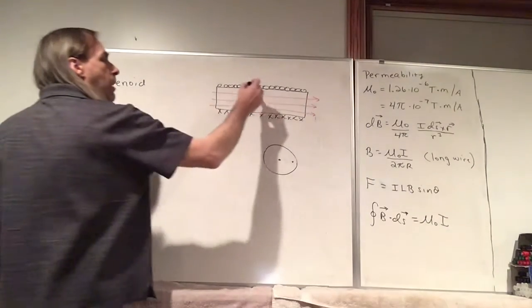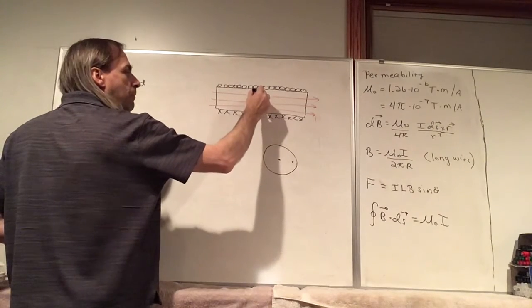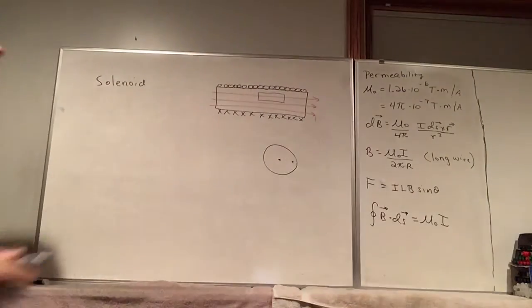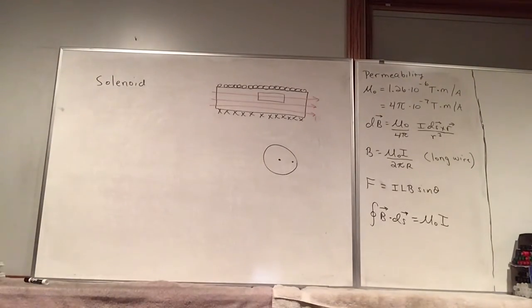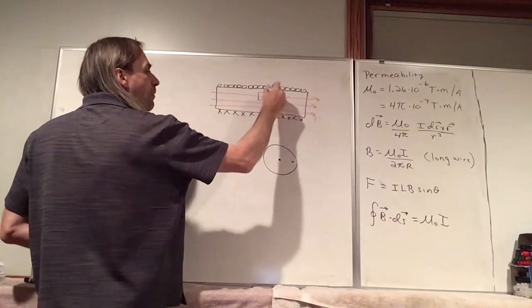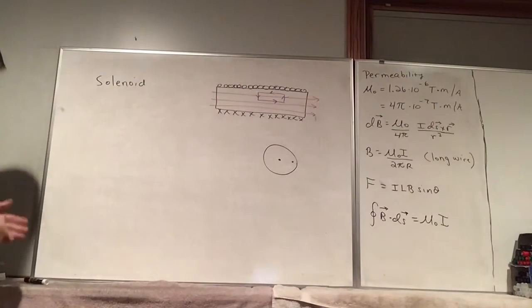So I'm going to draw a rectangle for our closed curve. We have a rectangle here, and let's trace it counterclockwise.